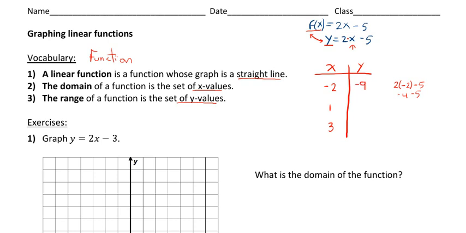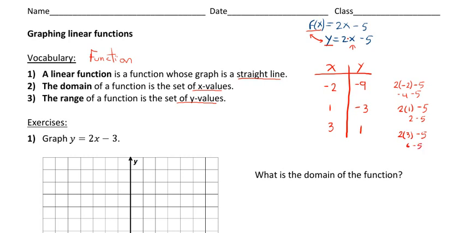And then for the other one, we have x is equal to 1. The same thing would be 2 times 1 minus 5, and 2 times 1 is 2, minus 5 is -3. And then when x is equal to 3, we could have very similarly 2 multiplied by 3, and then we subtract 5, and 2 times 3 is 6, minus 5 is 1.